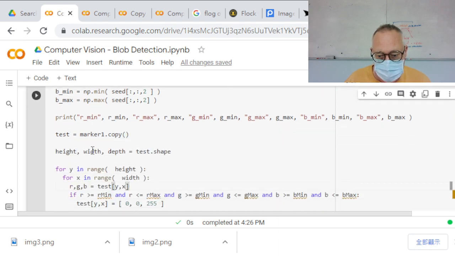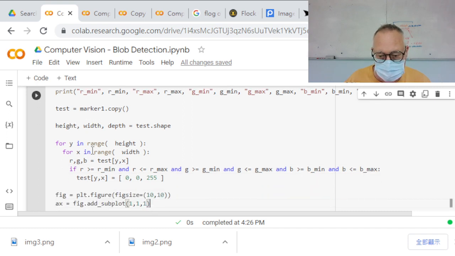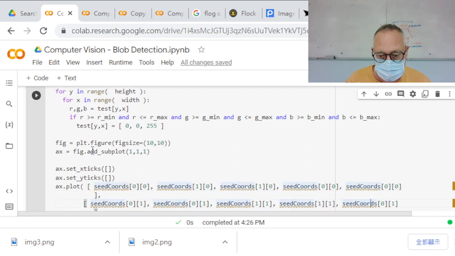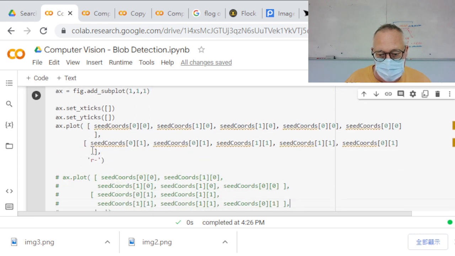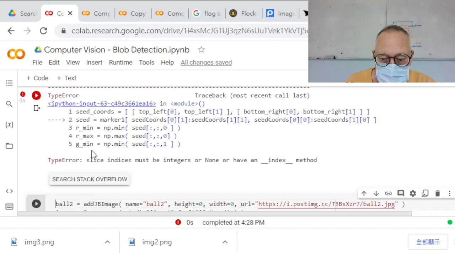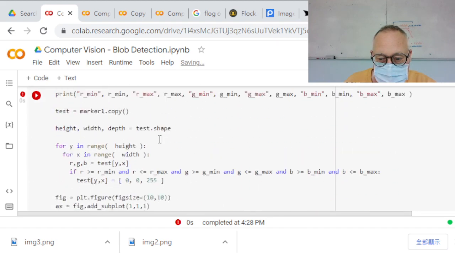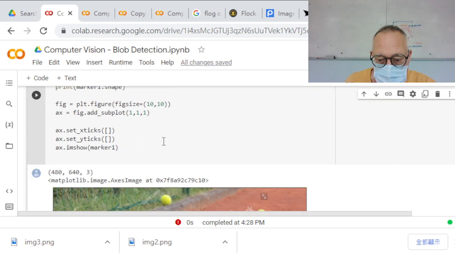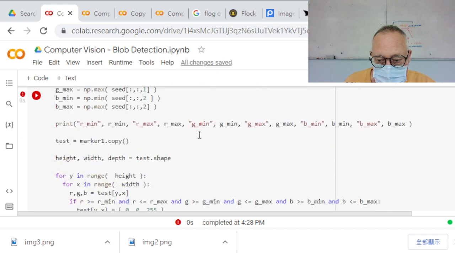And we copy it, then we do the comparisons. Then we plot the coordinates that we took as our seed. So let's check. Seed.